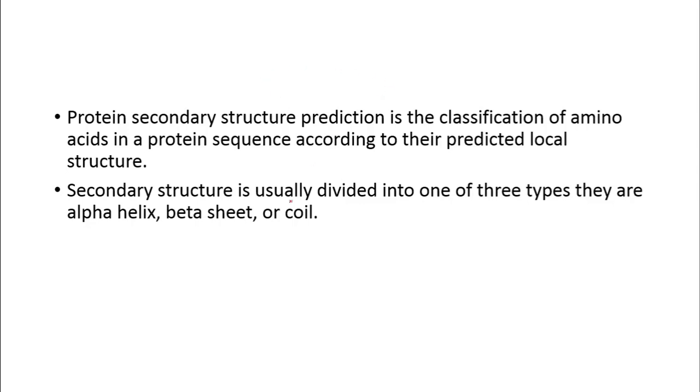Say for example, if you have this sequence over here, there must be some local short region that from here to here is going to be helix, from here to here it is going to be turn, from here to here it is going to be strand, from here to here it is again going to be a turn, from here to here it is going to be a strand, and these two strands can form a sheet, right? Is that correct? So assigning or classifying the amino acid residues present over here according to their predicted local structure, right?